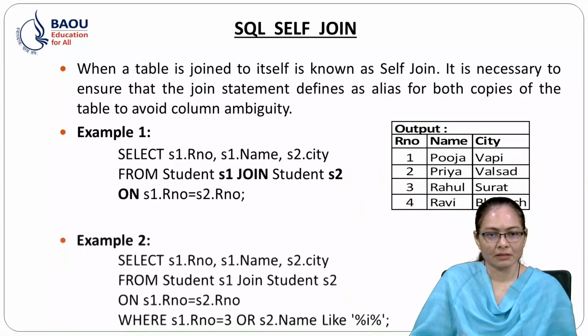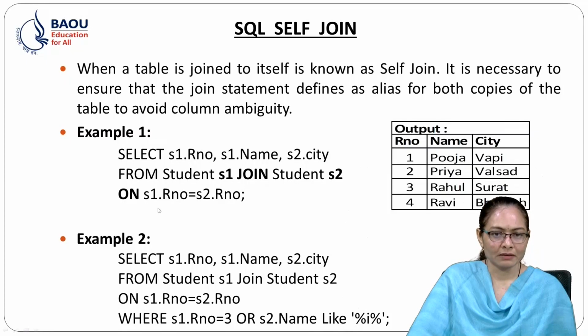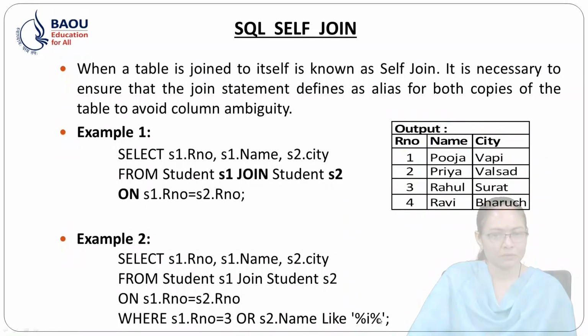See, another example, the same query using the where condition. Here we use the same condition, but we add the where condition, where S1.roll_number is equal to 3 or S2.name like '%i%'.